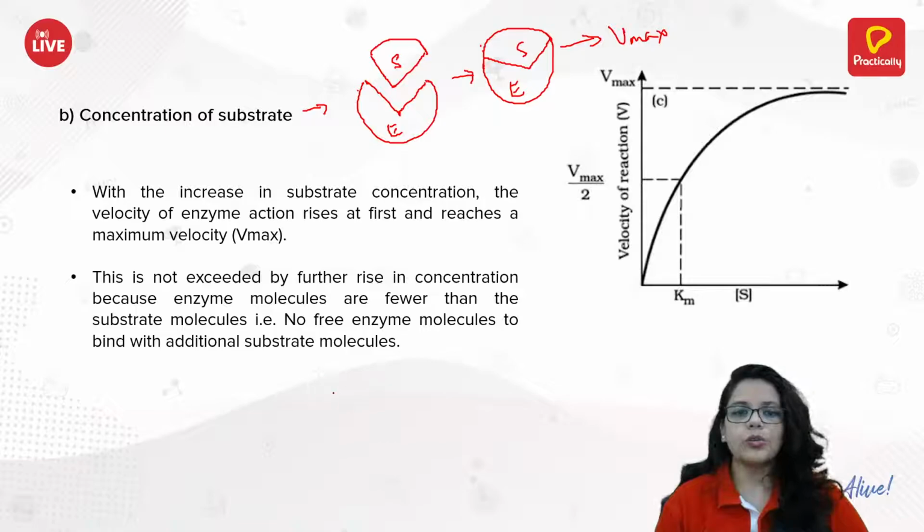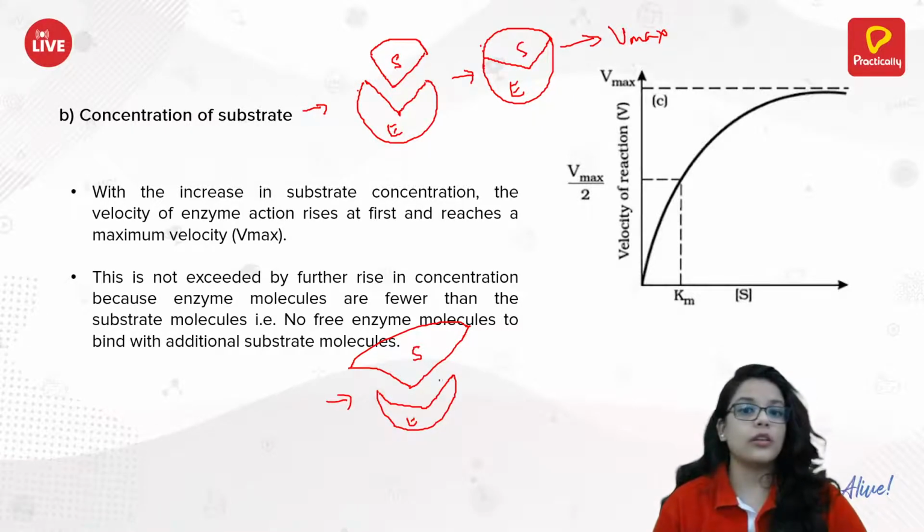Now what if I add more substrate? This is my enzyme and this is my substrate, which is way bigger than what the enzyme can actually take. The enzyme will take the substrate, but up to a level only.